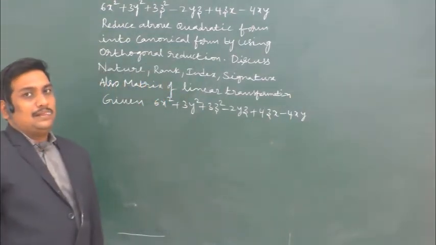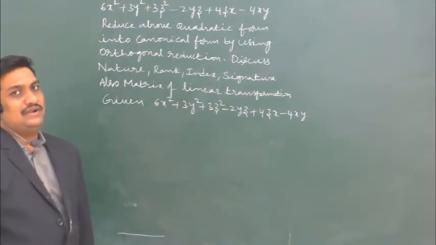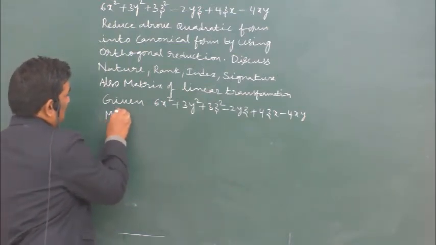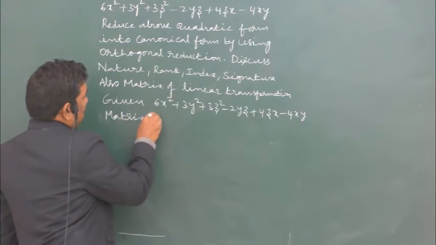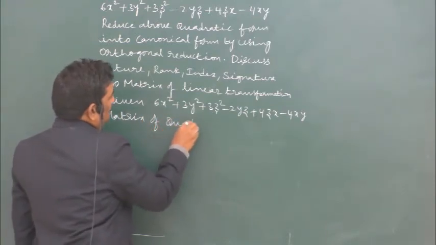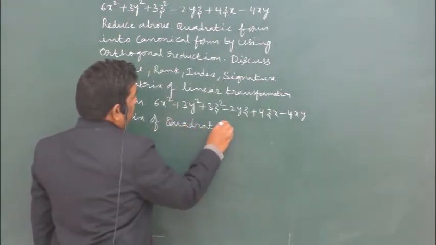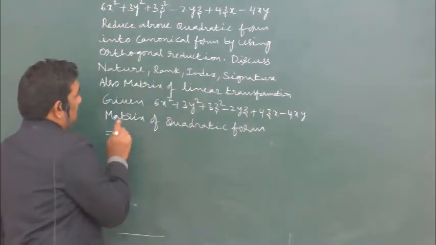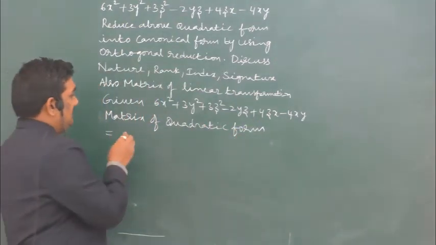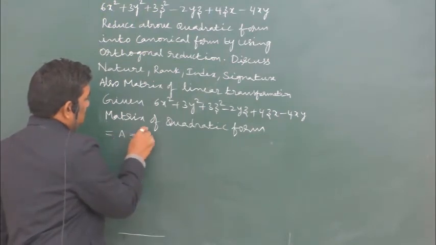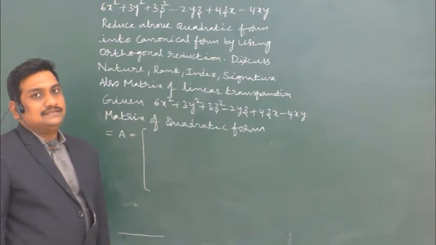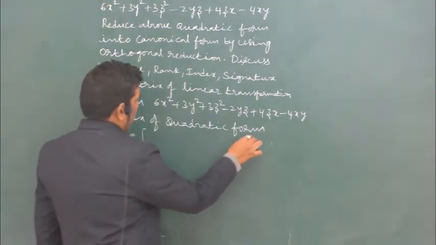Now let us find the matrix of the quadratic form corresponding to the given quadratic form. This will be denoted by A. Since the variables are x, y, z, it will be a 3 by 3 square matrix.